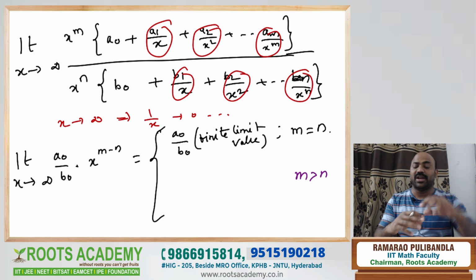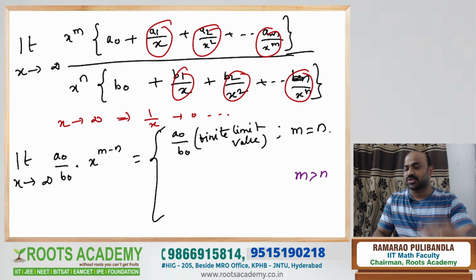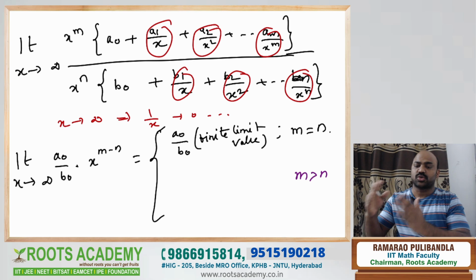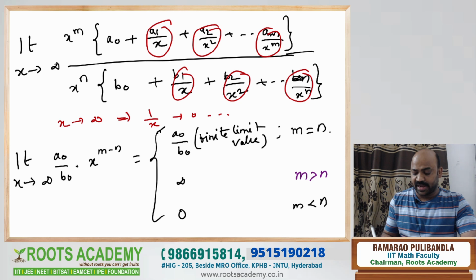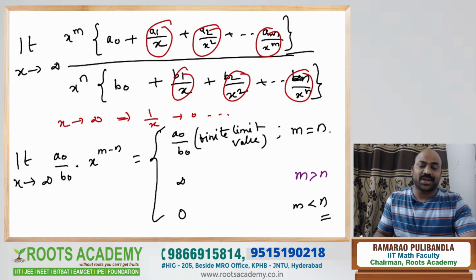Then in that case you will be left with x or x square, something like that. So as x tends to infinity, the total answer will go to infinity. I think all of you got it. This will become 0 when the denominator degree is more. Have you got this concept?